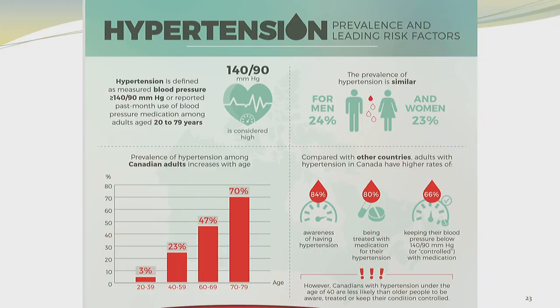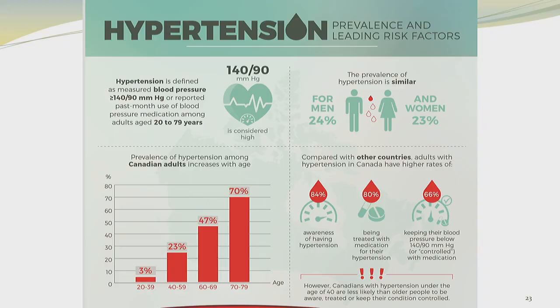And so typically, anything above 140 over 90 is considered high blood pressure. And ideally, one wants to keep it under 120/80, and that's considered normal, okay?